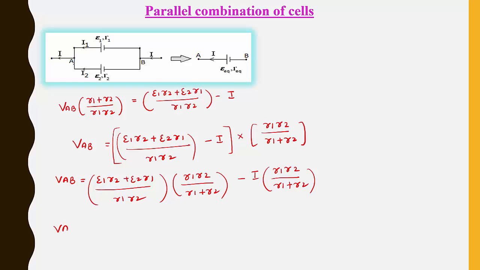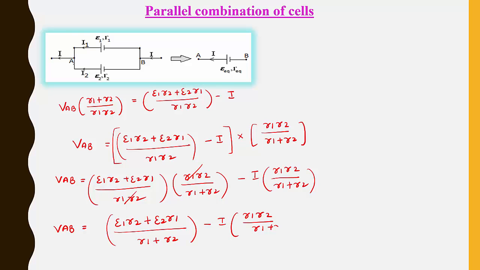Now we can write VAB is equal to, here R1 R2 will get cancelled, so we got E1 R2 plus E2 R1 divided by R1 plus R2, and minus I into R1 R2 divided by R1 plus R2. Let us take this as equation number 3.